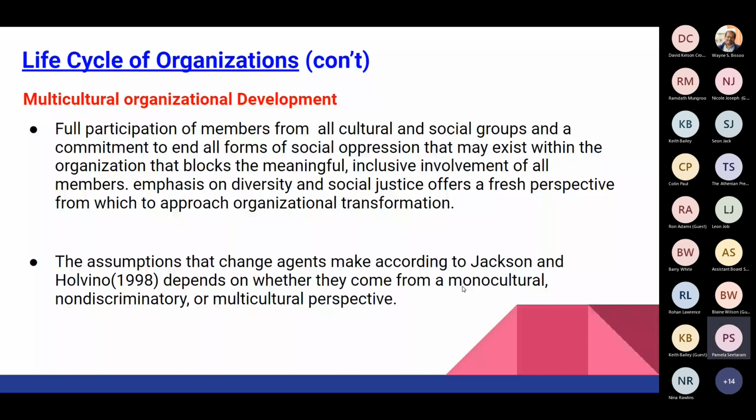Of particular importance in Jackson and Polvino's 1988 work is the elaboration of the assumptions that change agents make depending on whether they come from a monocultural, non-discriminatory, or multicultural perspective. Those coming from a monocultural perspective view society as basically harmonious and doing all right.